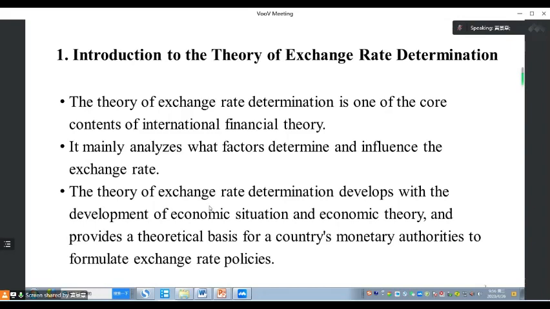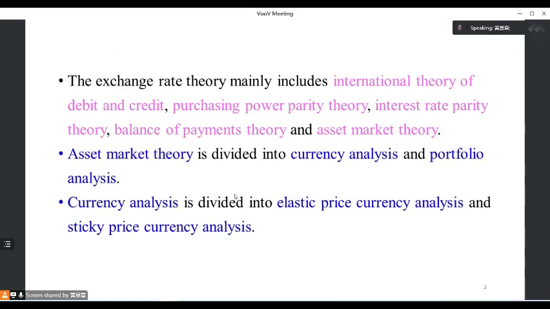And this chapter will give us the tools for the authorities to use monetary policies to change the economic situation. Let's go on.